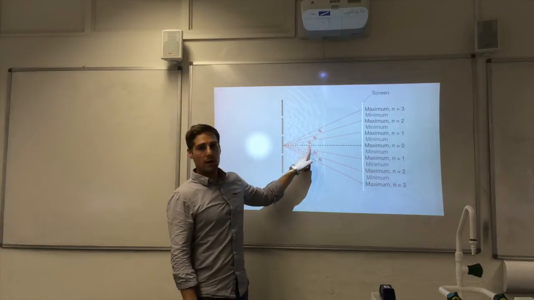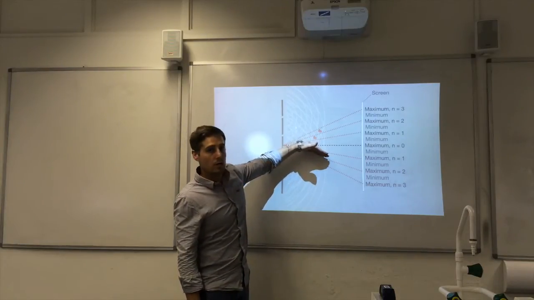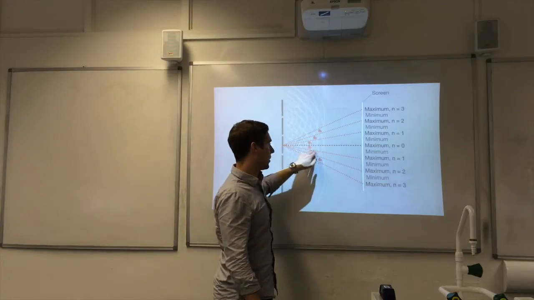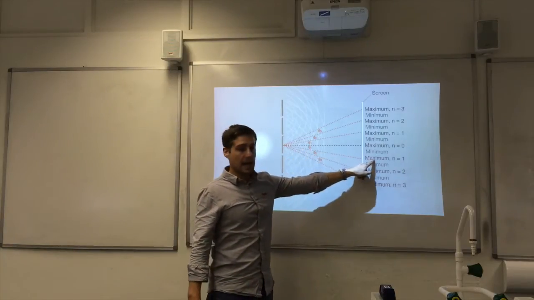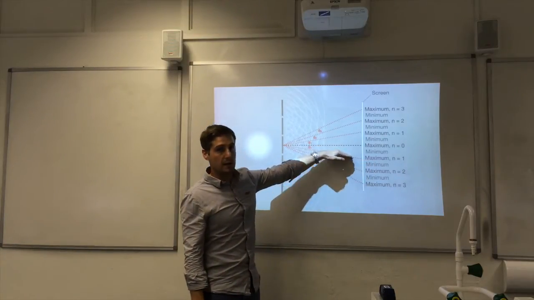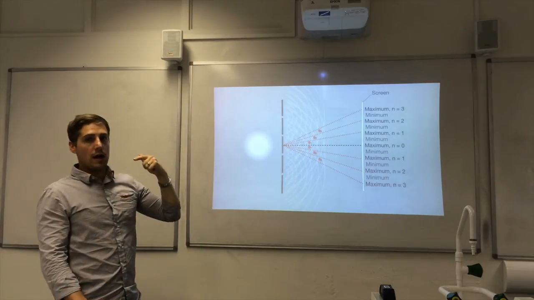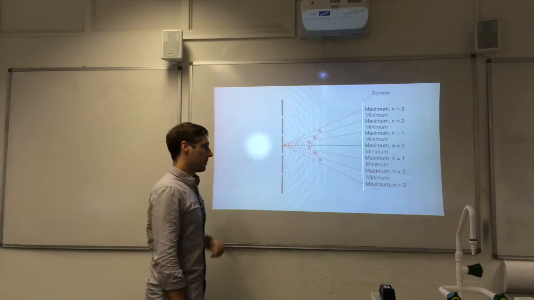So you've got theta 1 here, which is the angle from the central maximum to the first order diffraction order. So you know theta, and this is n equals 1, the first one from the centre. So you know n, you know theta, and you know d, therefore you can work out the wavelength.